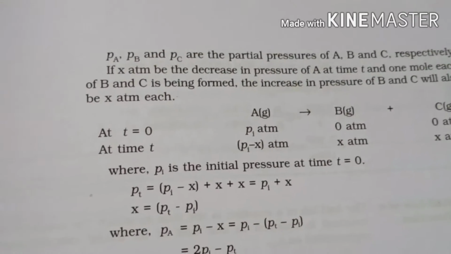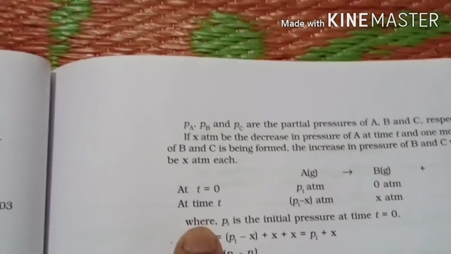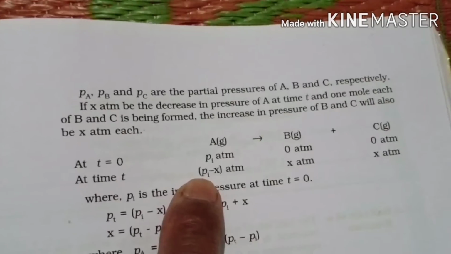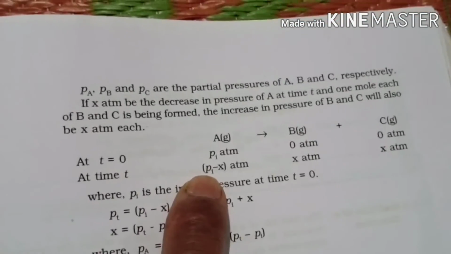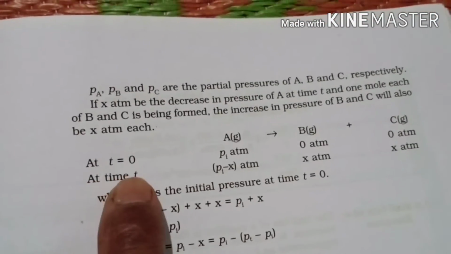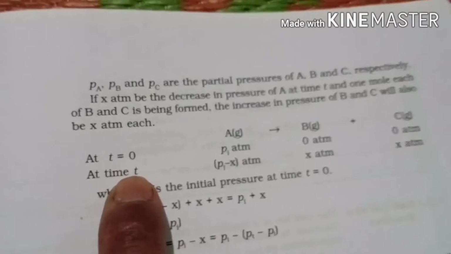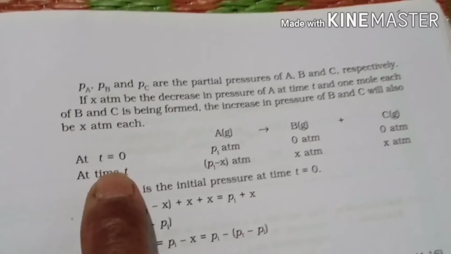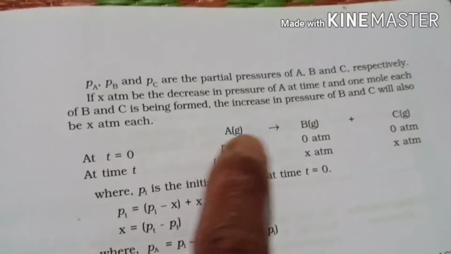Now let us take at T equal to 0, then the pressure is P1, and B and C do not have any pressure because they are not formed at that time. When T goes to T minutes or T seconds, then the pressure of B and C will be X amount.